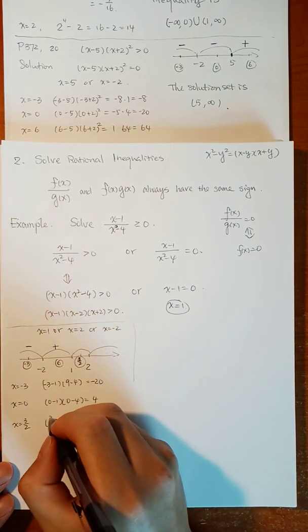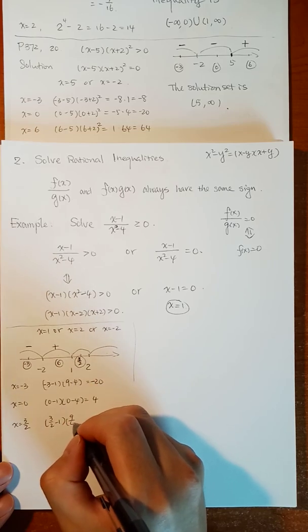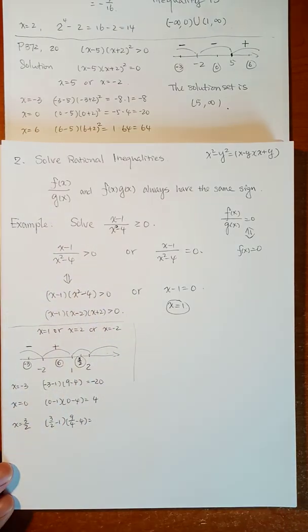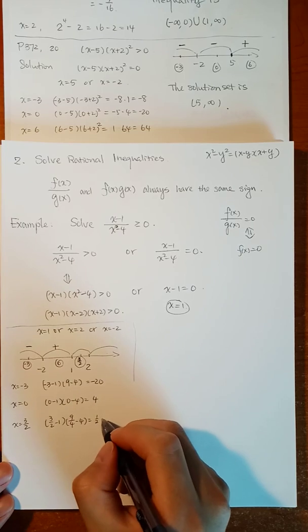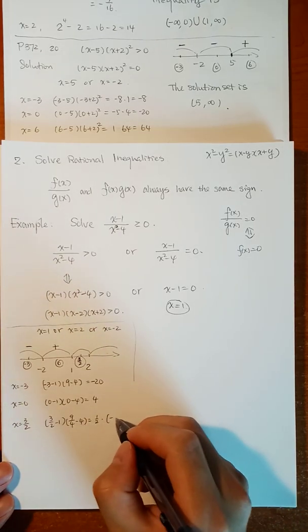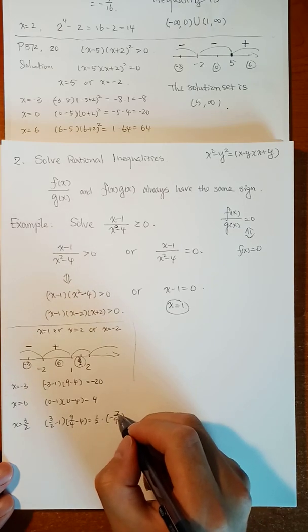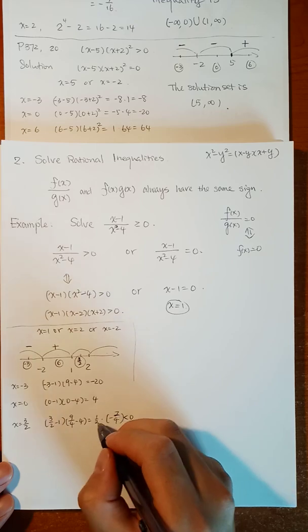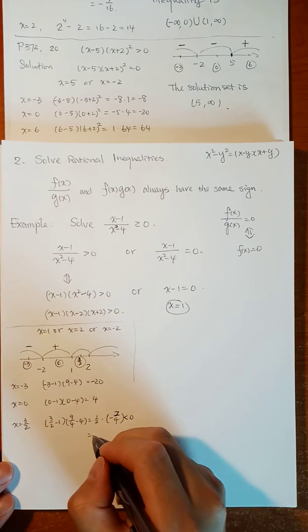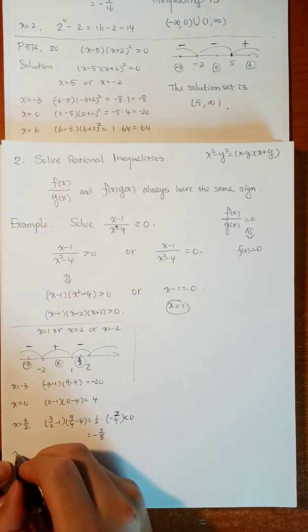You get 3/2 minus 1, which is 1/2. 3/2 squared is 9/4, minus 4 is negative 7/4. A positive number times a negative number is negative 7/8. It's negative.